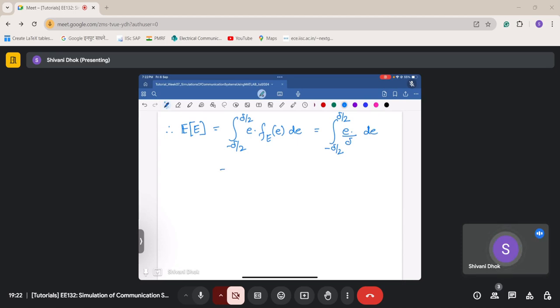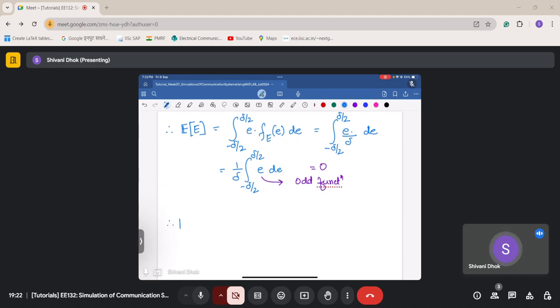This delta is a constant, we can take it outside: 1 by delta integral minus delta by 2 to delta by 2 of e de. This is an odd function, and integrating an odd function from minus a to a comes out to be equal to 0. So the expectation of your error comes out to be equal to 0.